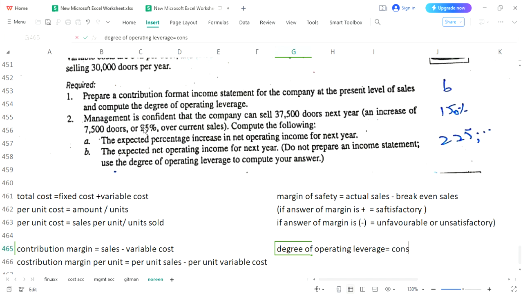So what you will do, you will write contribution margin and then divide by net margin.